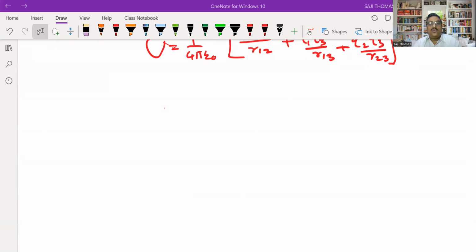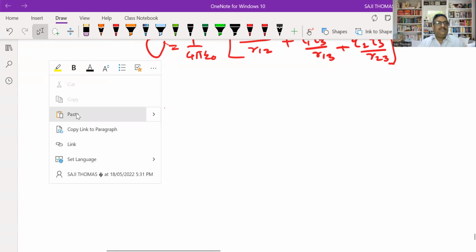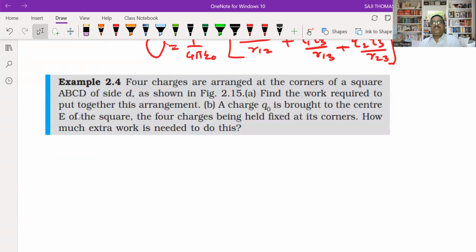Example 2.4. Four charges are arranged at the four corners of a square of side A, B, C, D as shown in the figure. Find the work required to put together this arrangement.